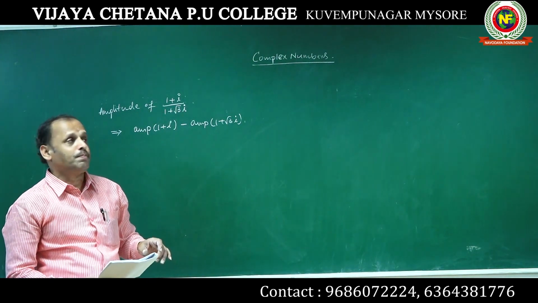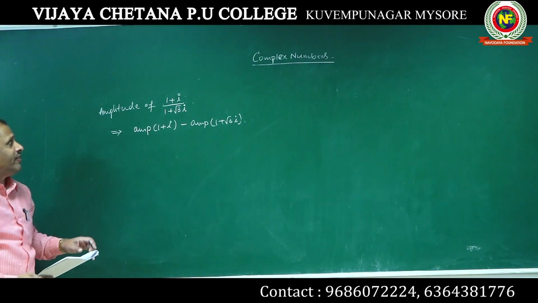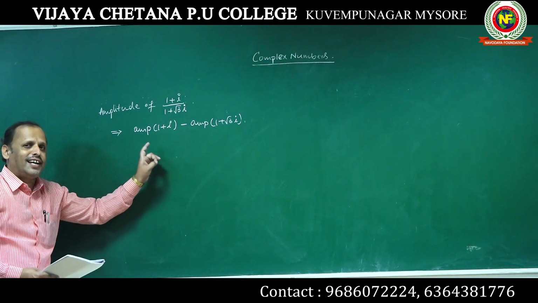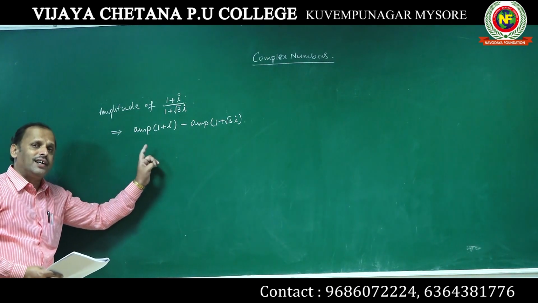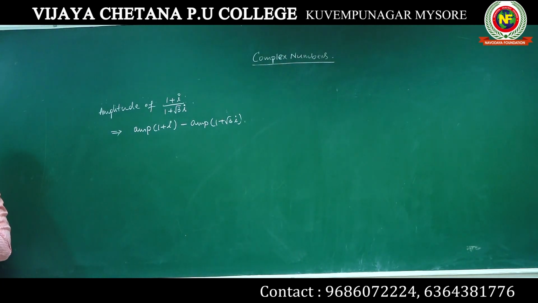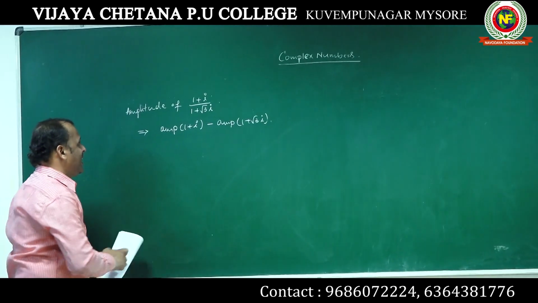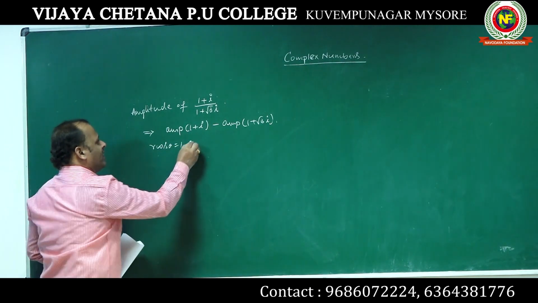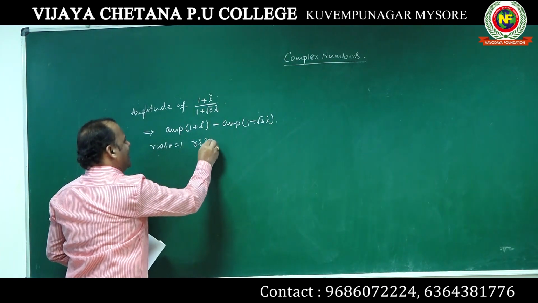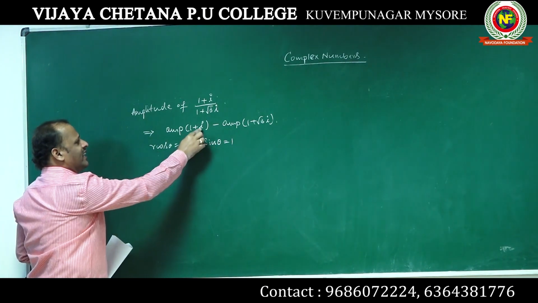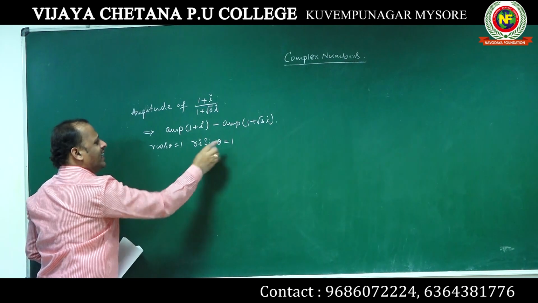Polar representation. Here we should take the real part for cos theta and the imaginary part for sin theta, and we should get both the angles the same. So here, r cos theta is equal to 1, r sin theta is equal to 1. Here 1 is r cos theta, and 1 into i is r sin theta.